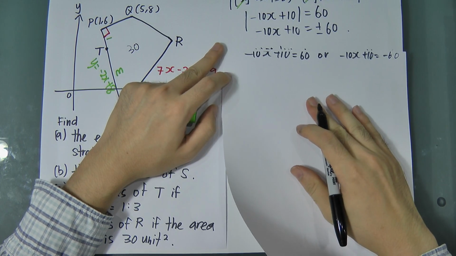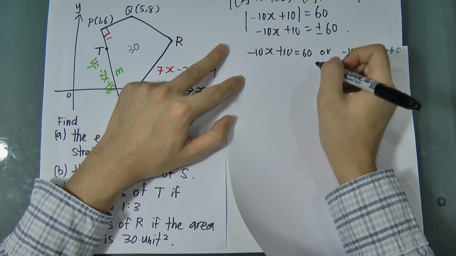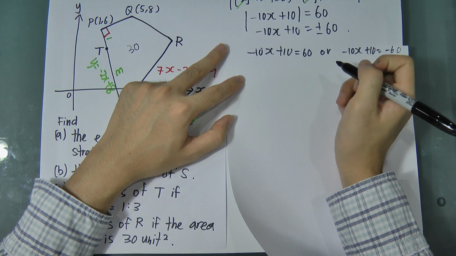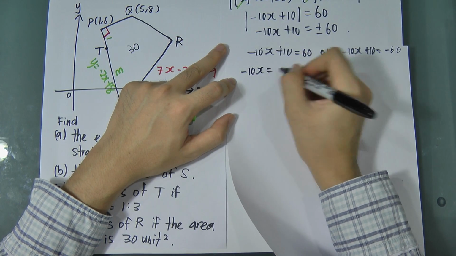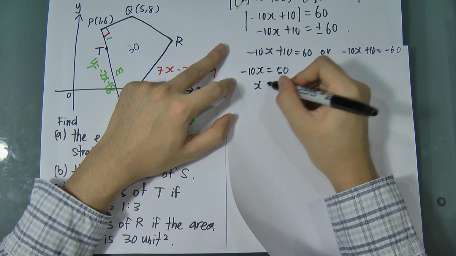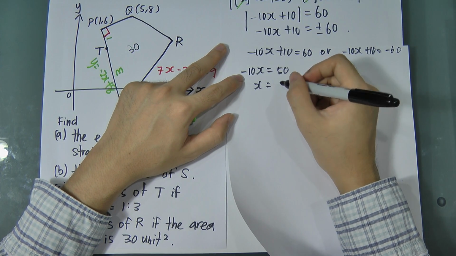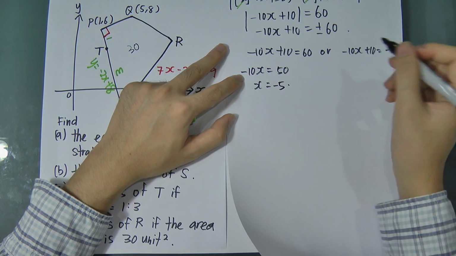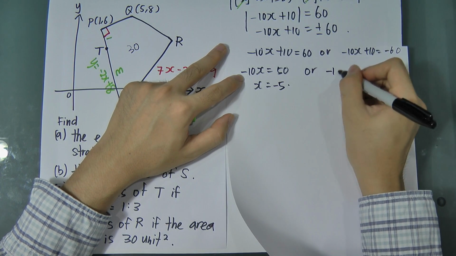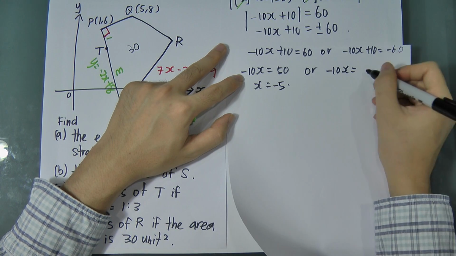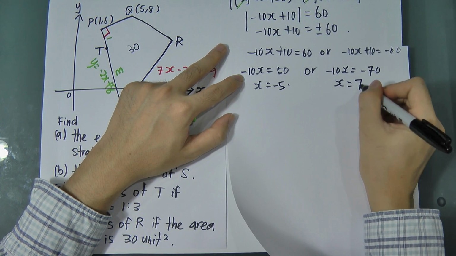Then I'm going to solve it. So you got some interesting values. Negative 10x equals 50, so x equals negative 5. For the other one, negative 10x equals negative 70, so x equals 7.